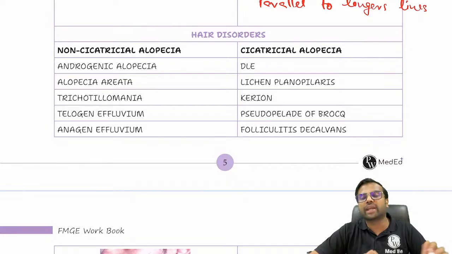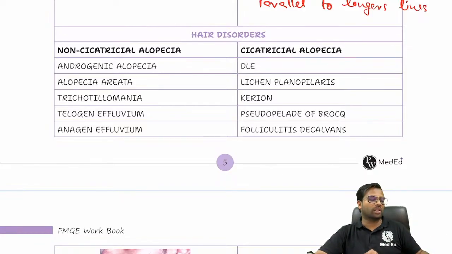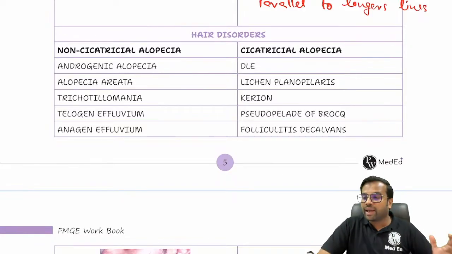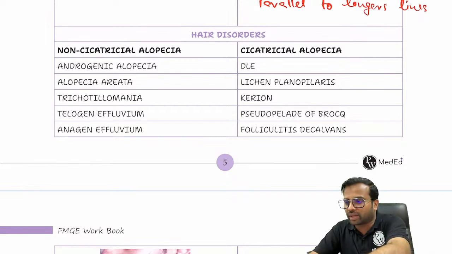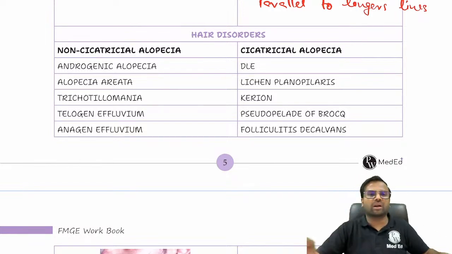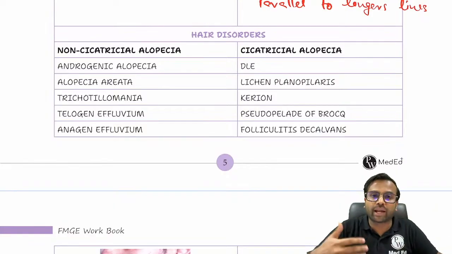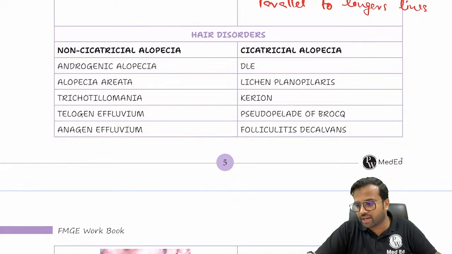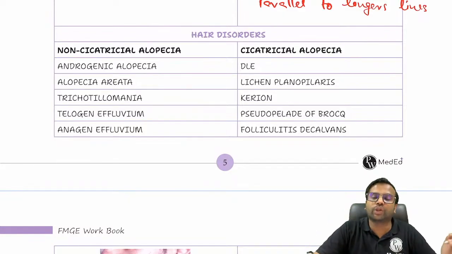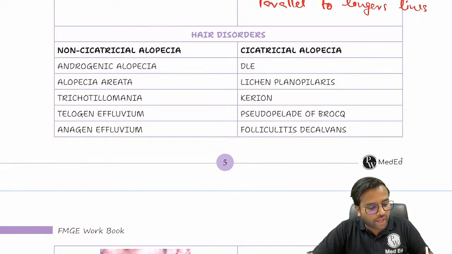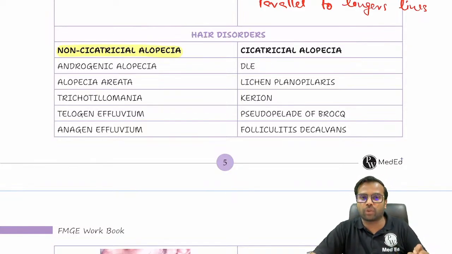Now, another very important topic in dermatology is going to be hair disorders. There are different types of hair loss that all of you would be knowing, right? In these different types of hair loss, there are two important terms. One is non-cicatricial alopecia. The other one is cicatricial alopecia. Now, what do you mean by non-cicatricial alopecia?